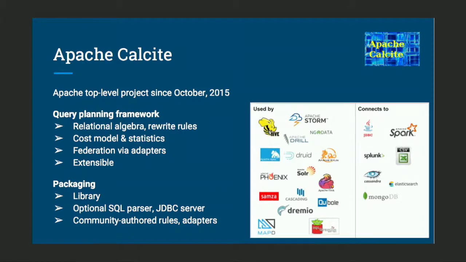Okay, so quick introduction to Apache Calcite. First of all, who's heard of Apache Calcite? Okay, good. Not a lot of people have heard of it because it's not a product as such. Even though I work for Hortonworks, you can't call up Hortonworks and get support on Calcite. It's an enabling technology inside a lot of big data technologies. It powers Hive's cost-based optimizer, for example. It's also in Drill.